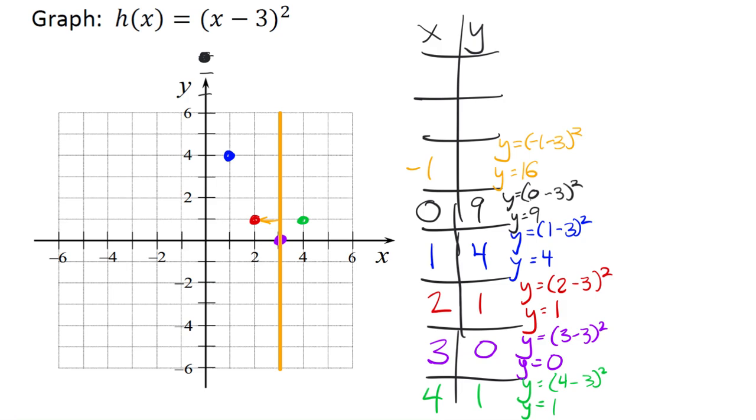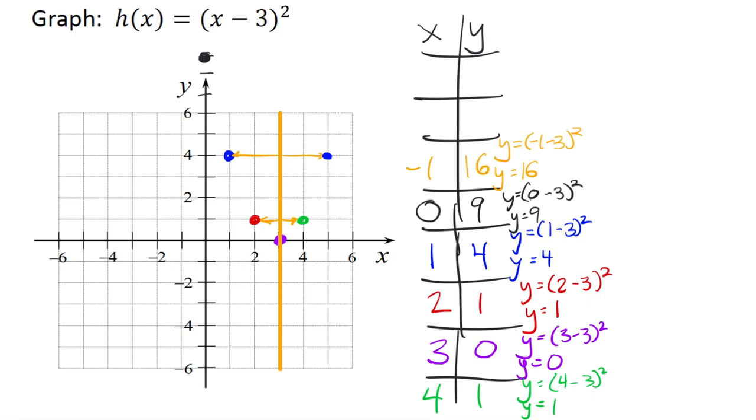For example, the red point is 1 unit to the left of my axis of symmetry, and it has a reflected point, which is that green point. Which means that the blue, which is 2 units to the left, its reflection would be 2 units to the right from that axis of symmetry, which is going to give me that point right there at, it looks like, 5, 4.